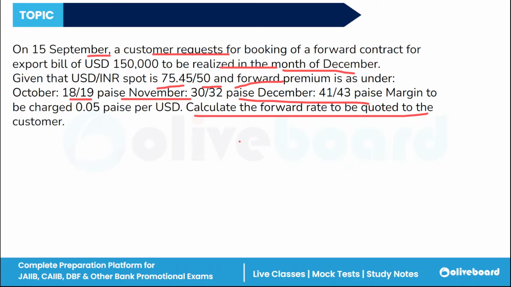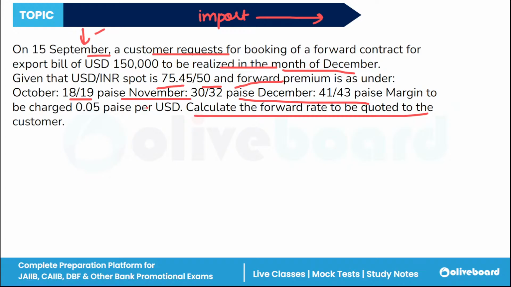For this type of question, what we can do, transaction type is there, import, that means money will go outward. So bank sells here, customer buys the US dollar, use the selling rate. Okay, now first determine the forward premium. The due date is given, which is 15th of September.